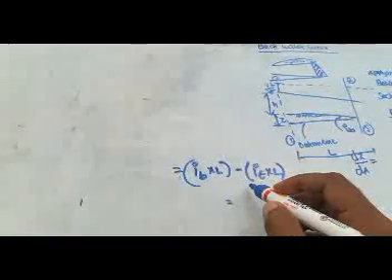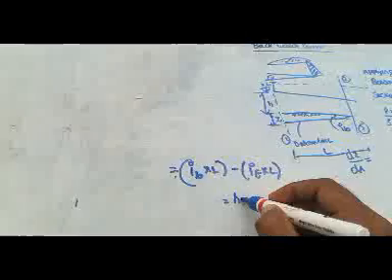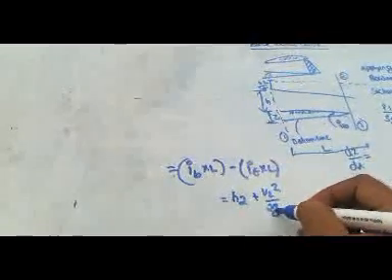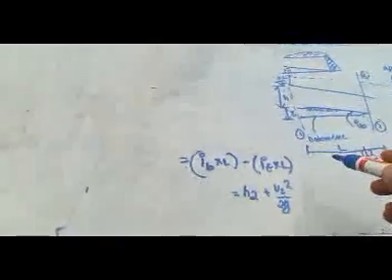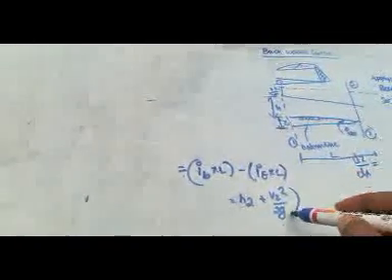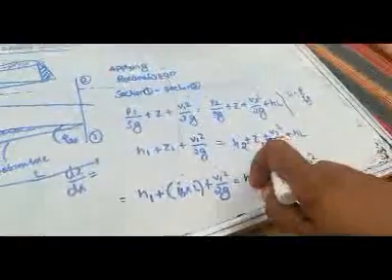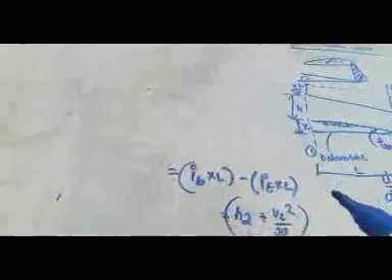H2 plus V2 square by 2G. Sorry, here this is H2, and this HL we can write as the energy loss.